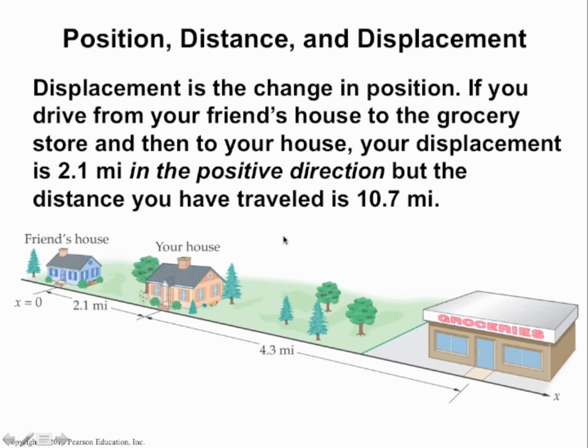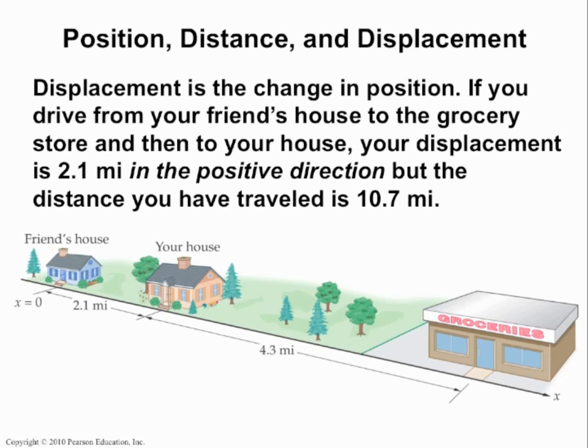All right, let's suppose, just to build on this, you start at your house, go to the grocery store, and come back. That's 8.6 miles of distance. What is your displacement?